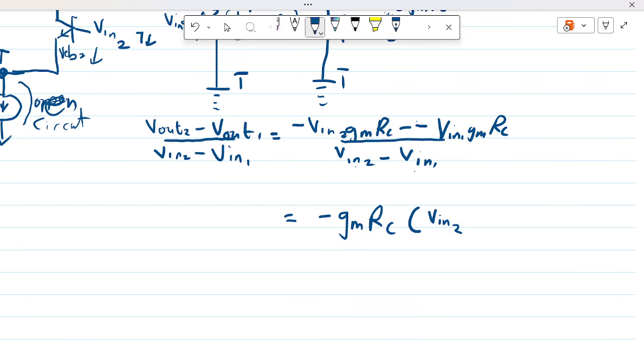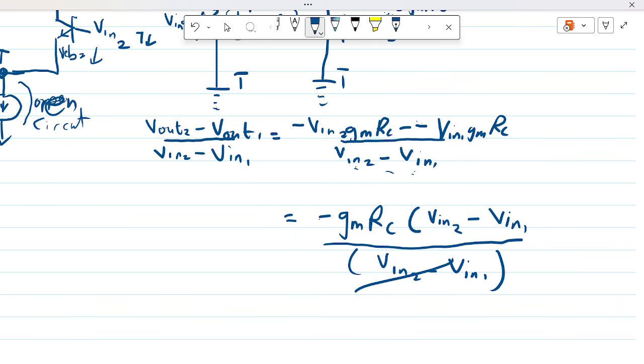One of the minus signs has been factorized out here, so I'm left with minus Vin1, all over what we had before, Vin2 minus Vin1.